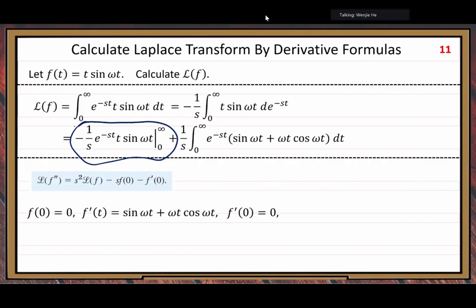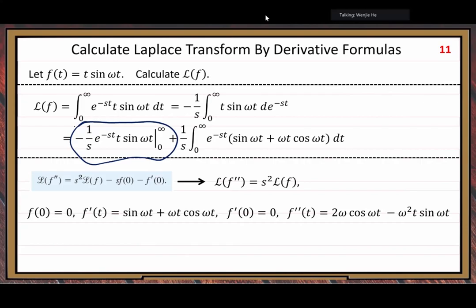So both terms in this formula are gone. After simplification, you have L of f double prime equals s squared times L of f. That's one formula, and we leave it there.